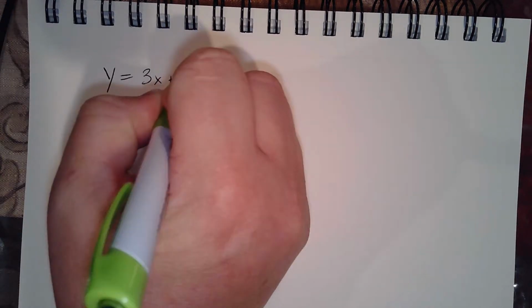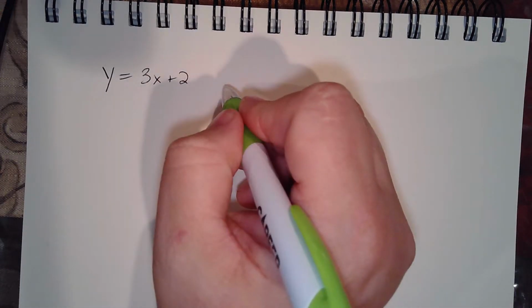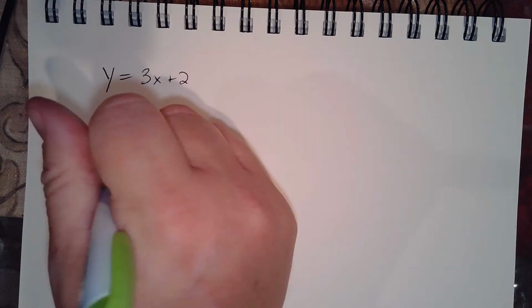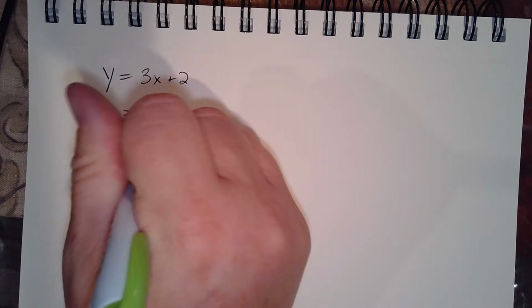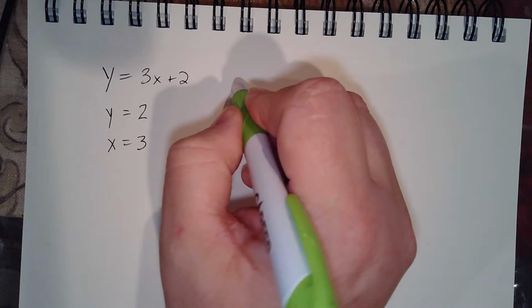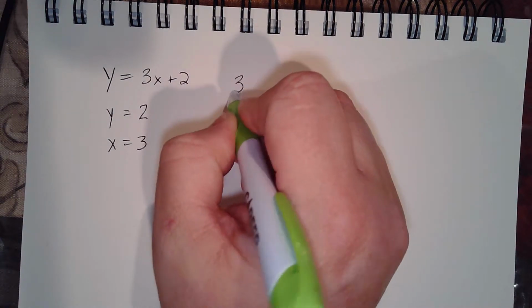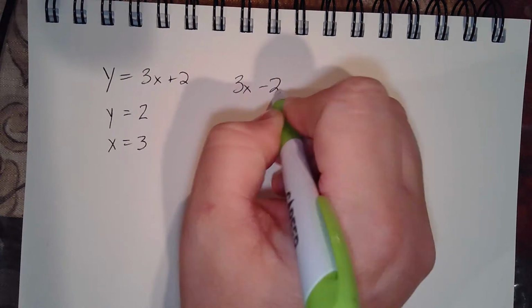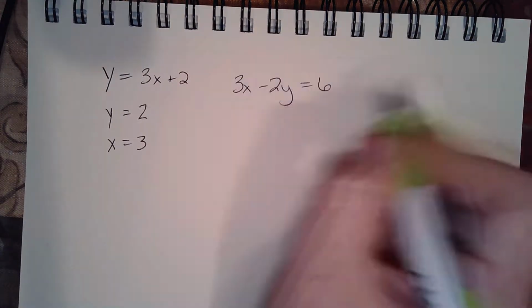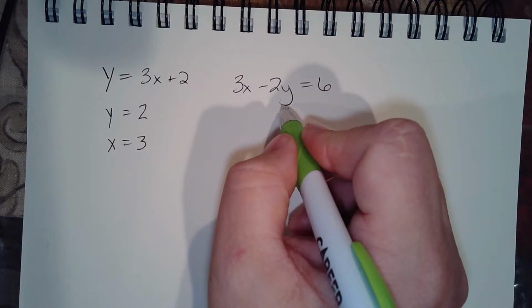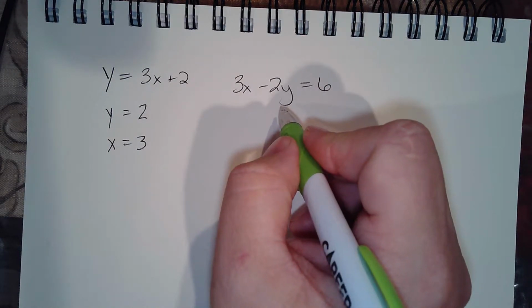So this is just one example of a function, or y equals 2, or x equals 3, or you can say that you have 3x minus 2y equals 6. Anything where it's really one-to-one. A way to test to see if something is a function is called the vertical line test.